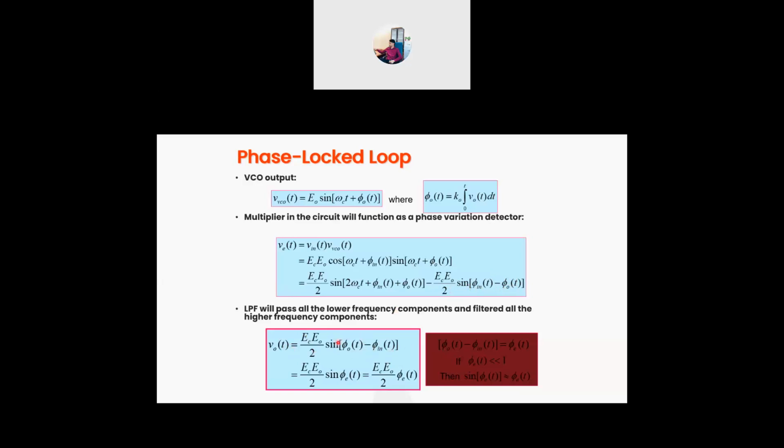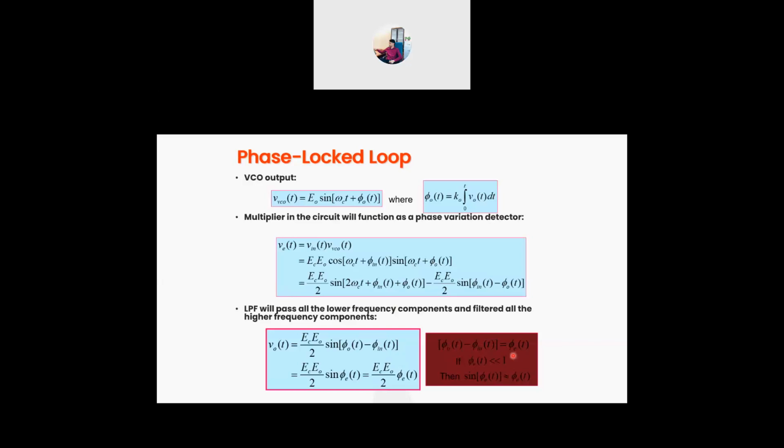As we learned from the previous class, this phase naught minus phase in gives the phase error, if there is any error. If the phase error is much less than 1, then sine of the phase error is equivalent to the phase. You can plug it into your calculator. For example, say the difference between phase naught T and phase in is 0.001.